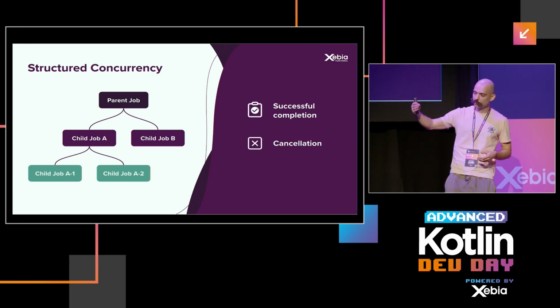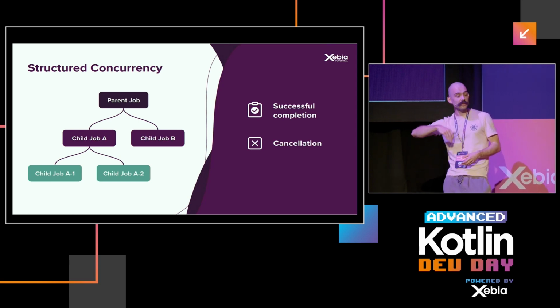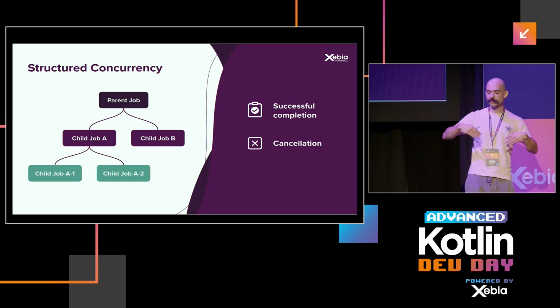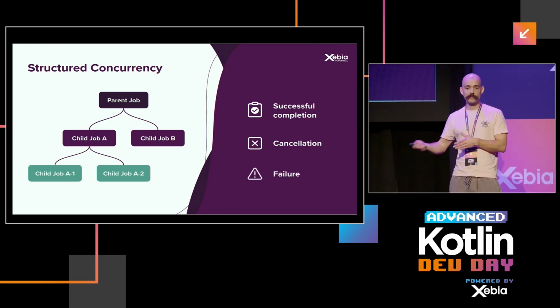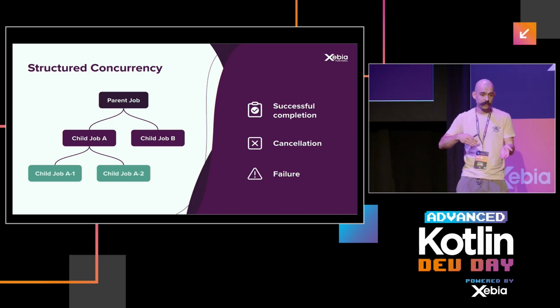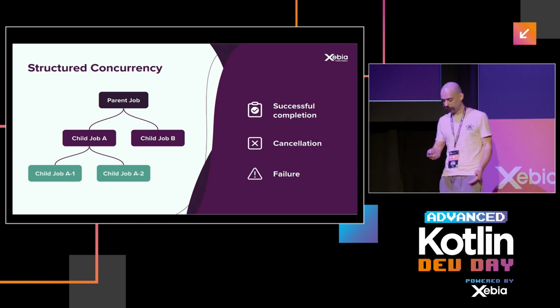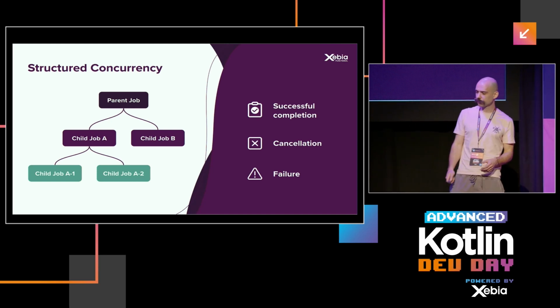Because when parent job asks child job A to cancel, child job A now has to cancel its children before it can be considered terminated or canceled. So everything works from the bottom to the top. And similarly, a third termination case is failure. When something goes wrong in child job A, it needs to terminate its children as well, or child job A cannot be considered terminated. So that is the pattern of structured concurrency in a nutshell.